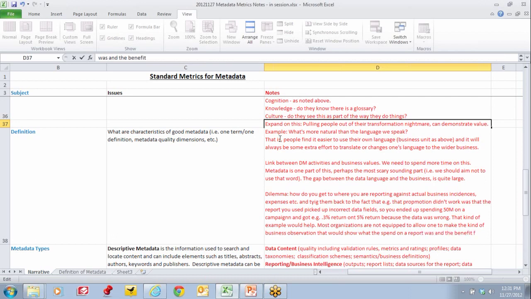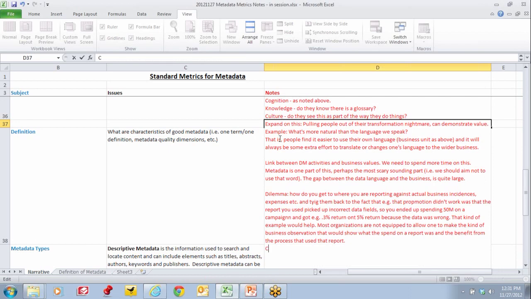But the dilemma for me is how do you get to where you're reporting against actual business incidences and expenses and tying them back to the fact that, oh, well, the reason that promotion didn't work was that the report you used that said you had 18% of your customers who were interested in this kind of product had actually picked up incorrect data fields to make that assumption and feed you that.